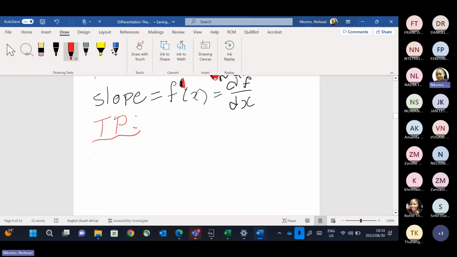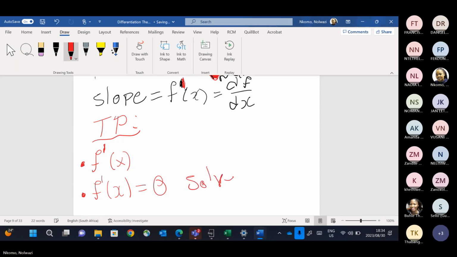You will first find f prime at x. And then you let f prime at x equal to 0 and solve for x.